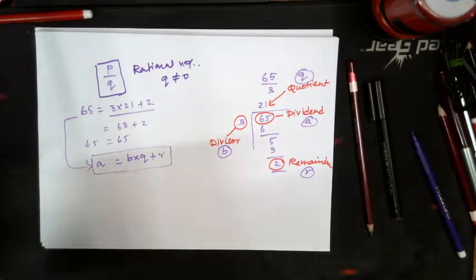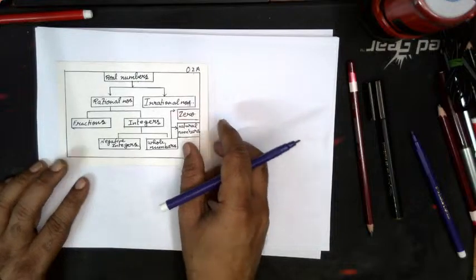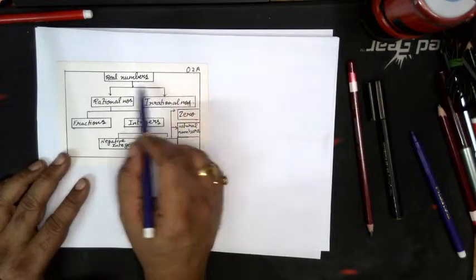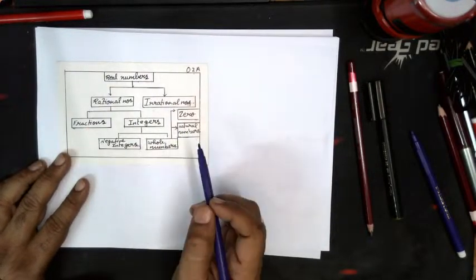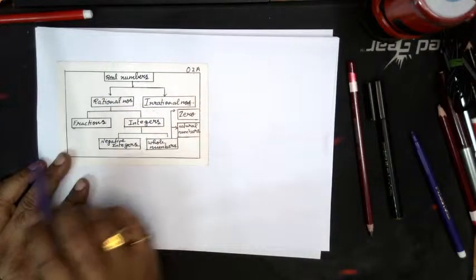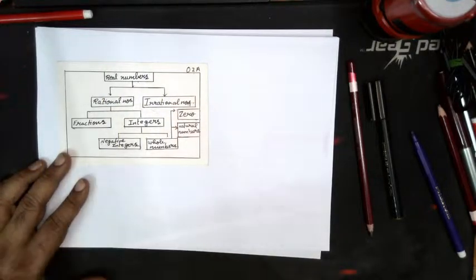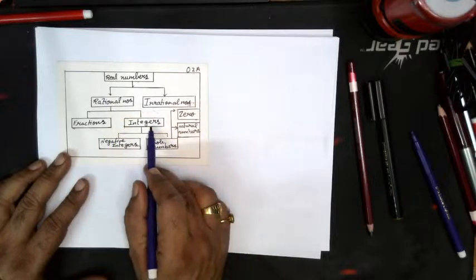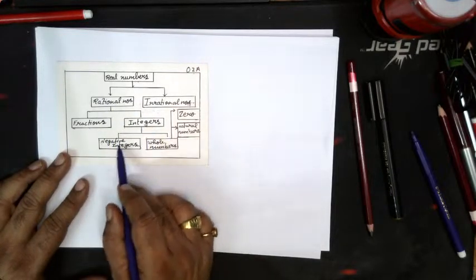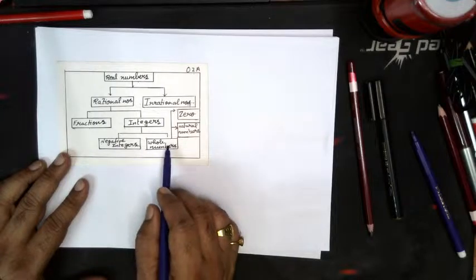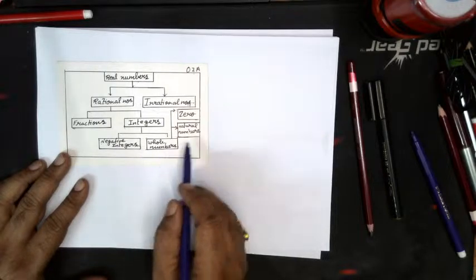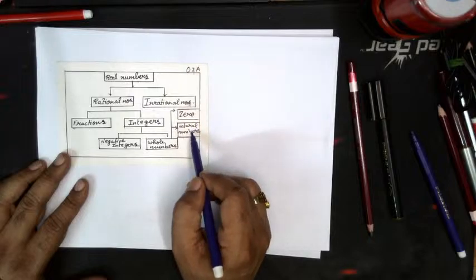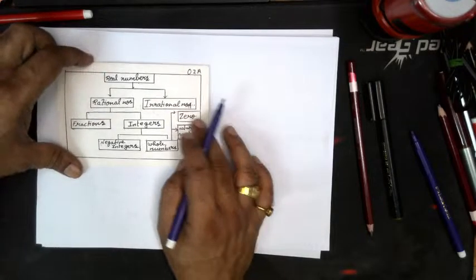Now let us discuss the real number as a whole. The real number is something like a universal set where we have rational numbers, irrational numbers, fractions. These rational numbers are fractions, and they can be integers, and if it is an integer it can be a negative integer, or a positive number, then whole numbers, and we have the natural numbers, and you can include 0.